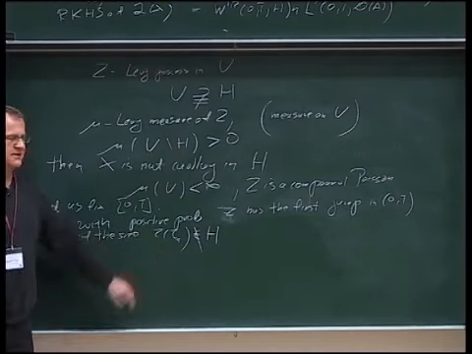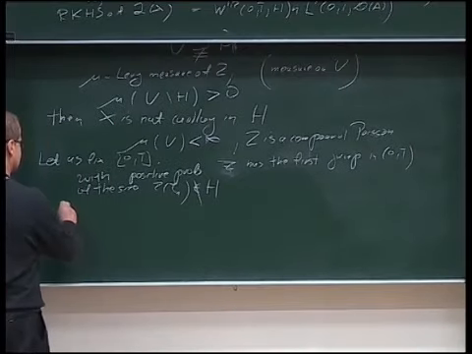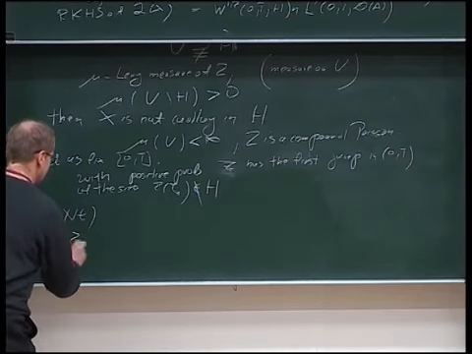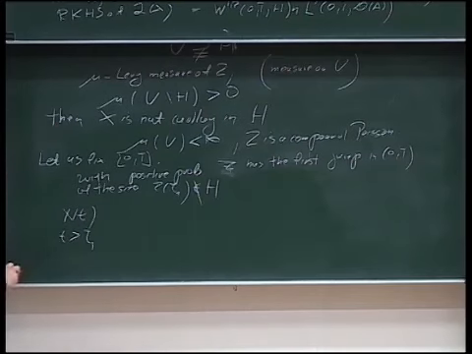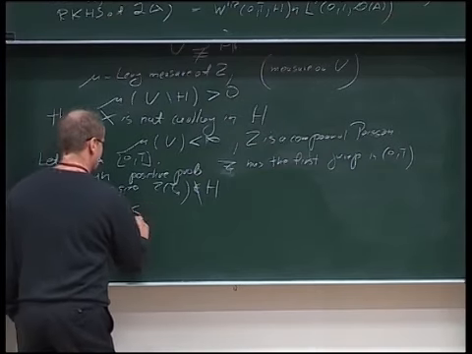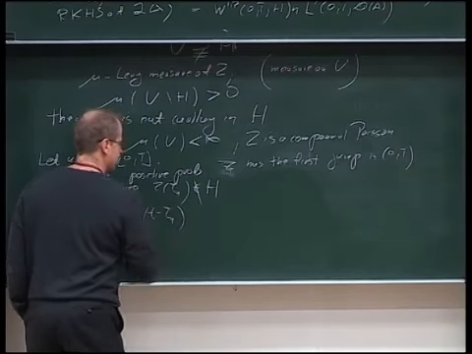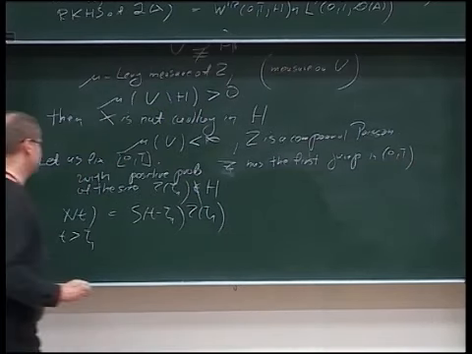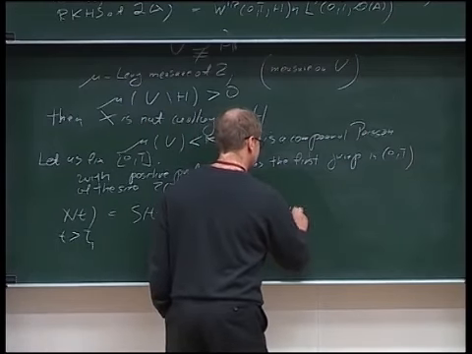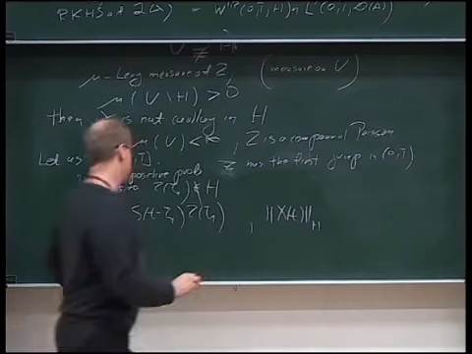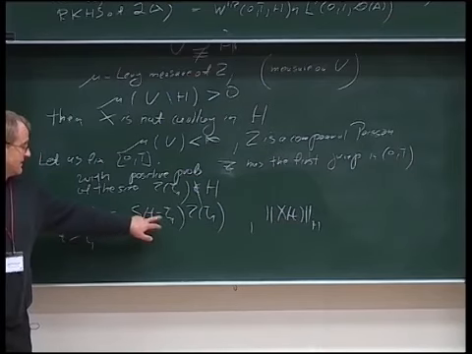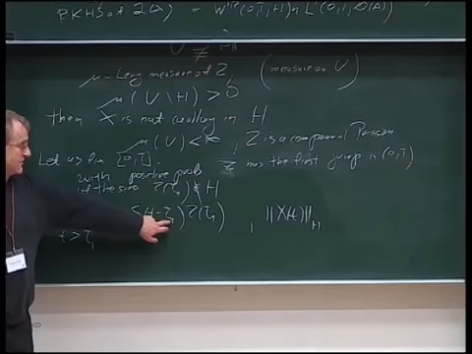So if we add this, then what is X(t) for t bigger than tau 1? It is simply given by the semigroup S(t minus tau 1) applied to the jump Z(tau 1). And of course, the norm of X(t) in H could be finite for any t positive different from tau 1.